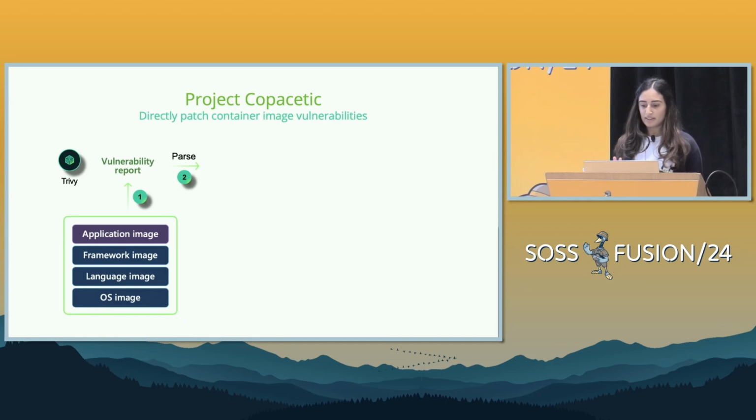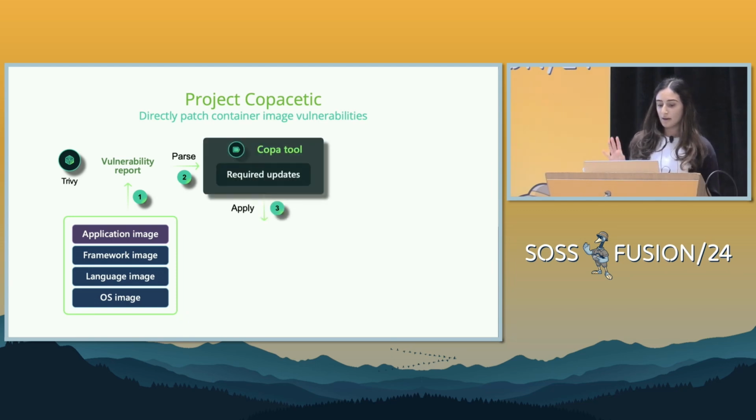So now that we know what Copa is, I wanted to give an overview of the design. So on the left, you can see our representation of the image. So it's made up of the different layers: the OS, language, framework, and application. And before we get into Copa, we're parsing it with Trivy.